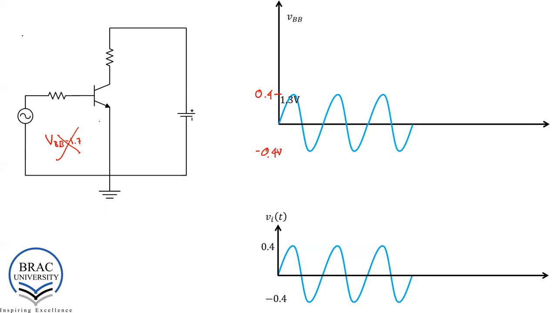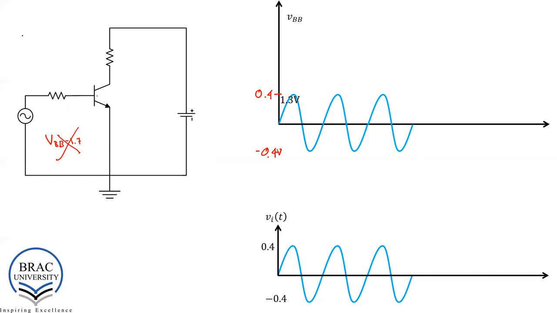So that means we no longer apply the DC voltage, we only apply the AC signal source. Now remember that if you want to analyze the BJT, we have to first check the P side voltage with respect to the N side voltage.